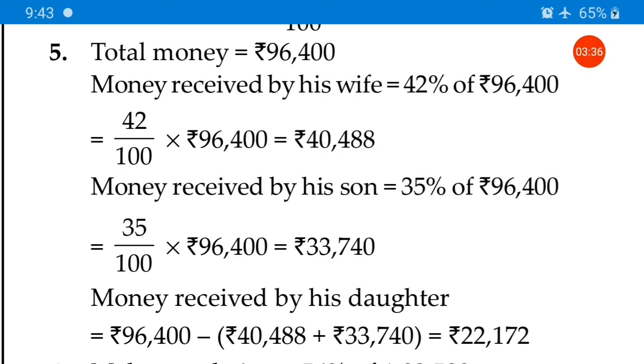Money received by his son, that is 33,740. And his daughter received the amount 22,172. Now if you do the total, ultimately you will get the total money which Mr. Gulati has, 96,400.